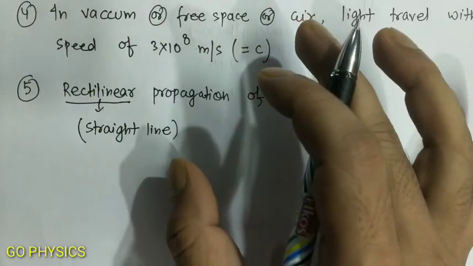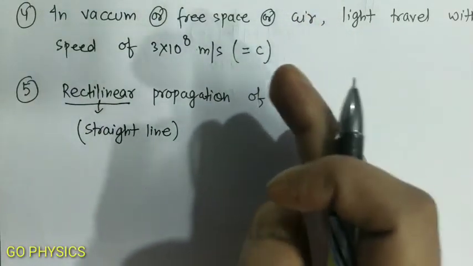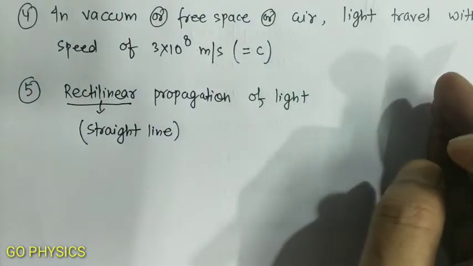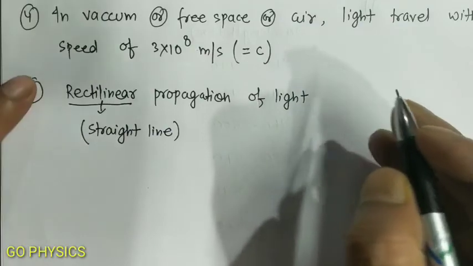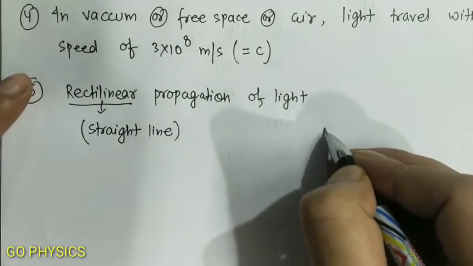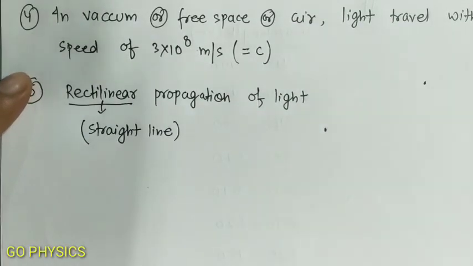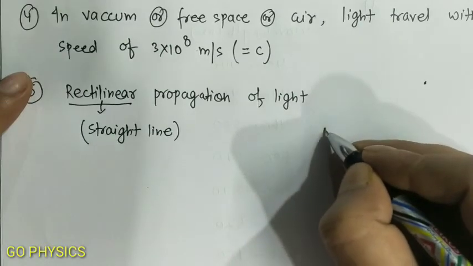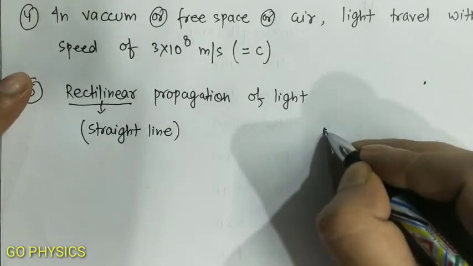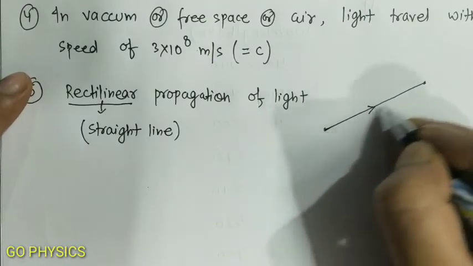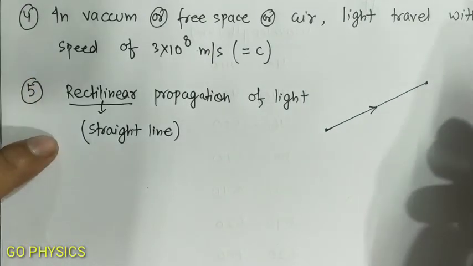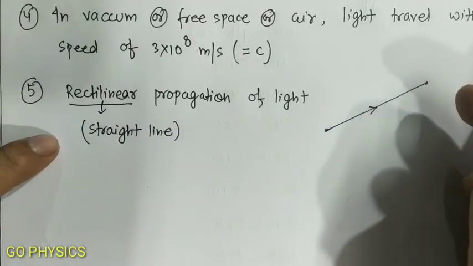It means that light travels along a straight line in a medium or in vacuum. That is, if we take these 2 points, then light will travel from point 1 to point 2 along a straight line. And this property of light is called rectilinear propagation of light.